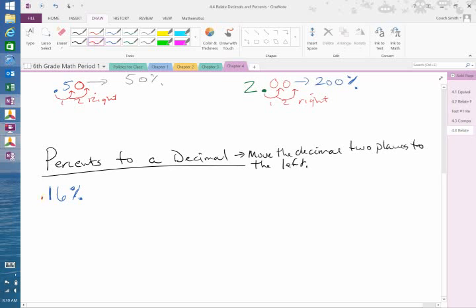Right there, or there, or there? There's only three places it could be. If I put it here, is that still 16%? No, that's 0.16%. There is a difference.